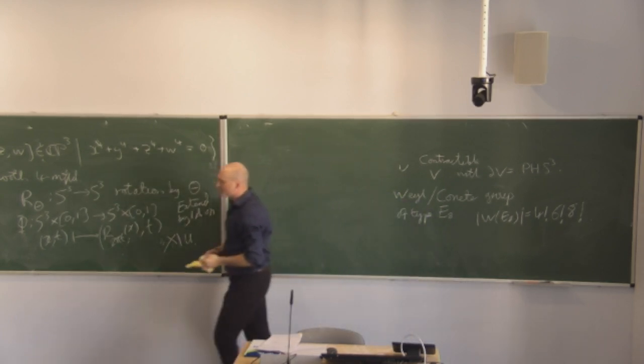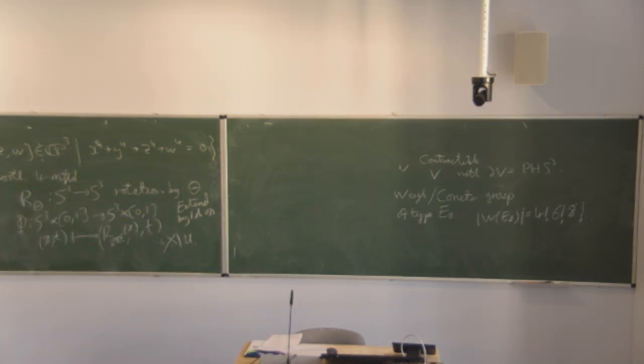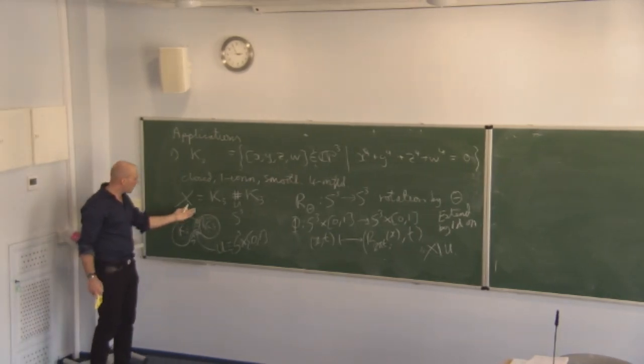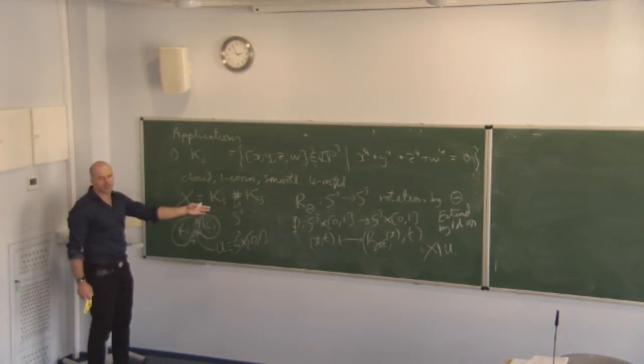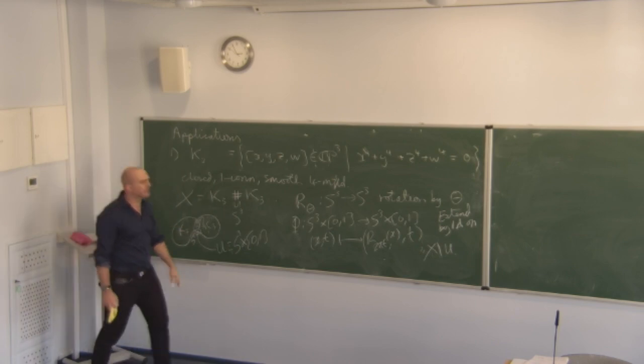All of the second homology of this manifold either lives in this part or it lives in this part. It can be completely supported away from the connected sum sphere, and so this thing doesn't do anything to the second homology. It's the identity.